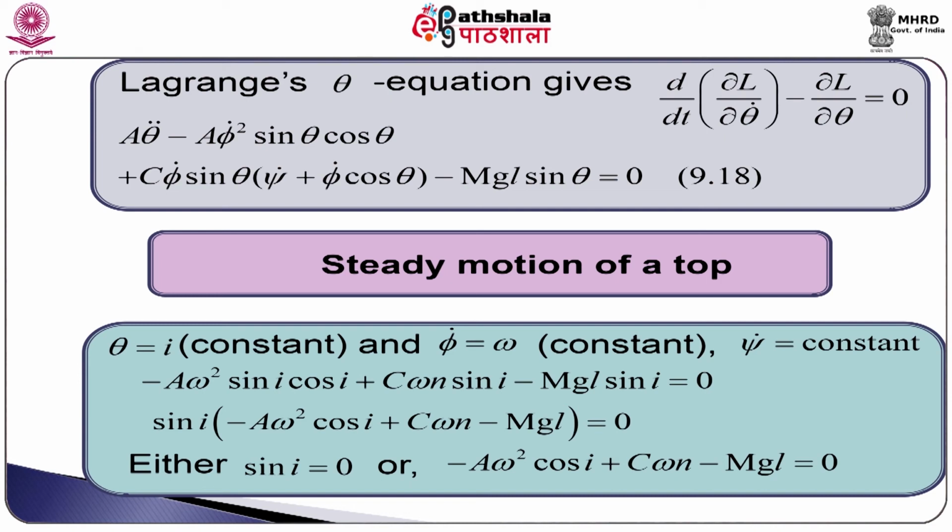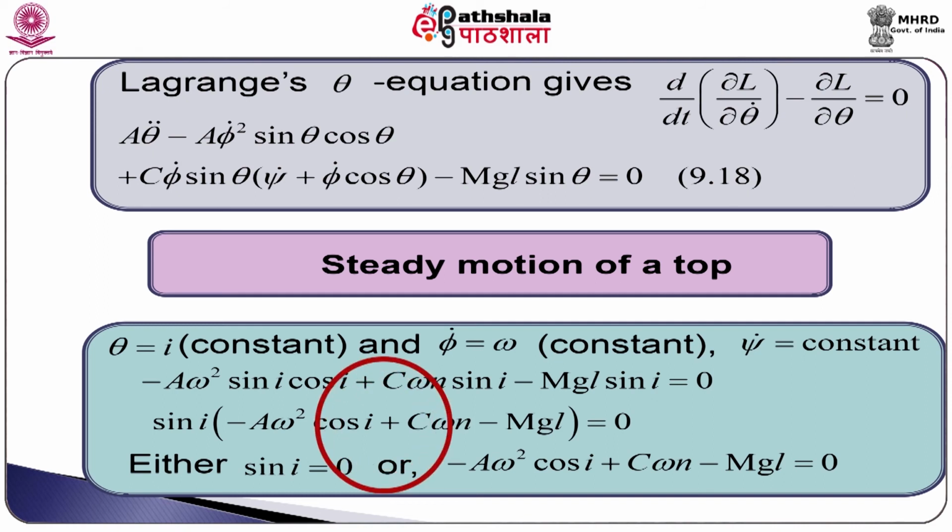Substituting these in the equation, we have minus A omega square sin I cos I plus C into omega into n into sin I minus M g L into sin I equal to 0. We have just substituted this value in the expression we already have. Please note that by steady motion we mean that the motion is independent of time t.